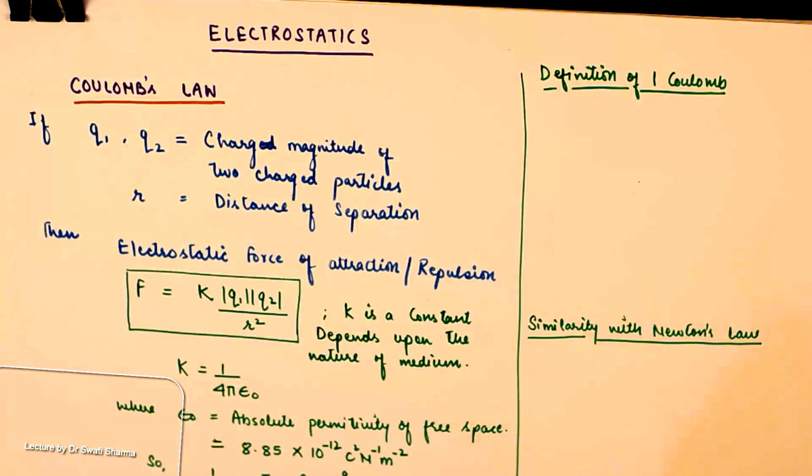When we elaborate this, we can find the force of attraction or repulsion, depending upon the charges, on a single charge due to a number of charges existing in the vicinity. The basic Coulomb's law gives us the expression for the electrostatic force of attraction or repulsion between two charges, depending upon the nature of the charge. So let's see what actually is Coulomb's law.